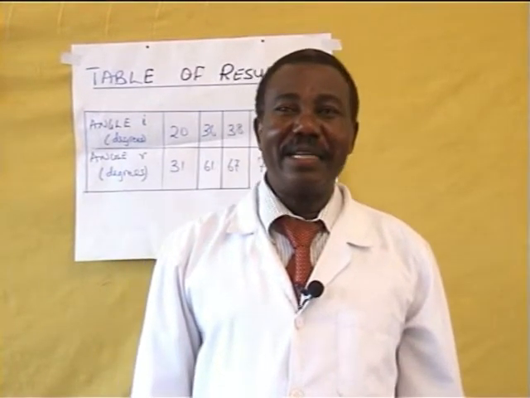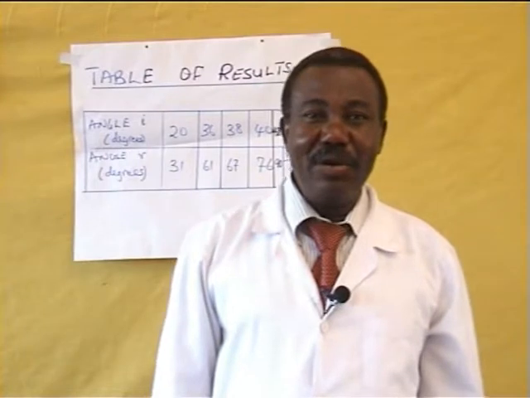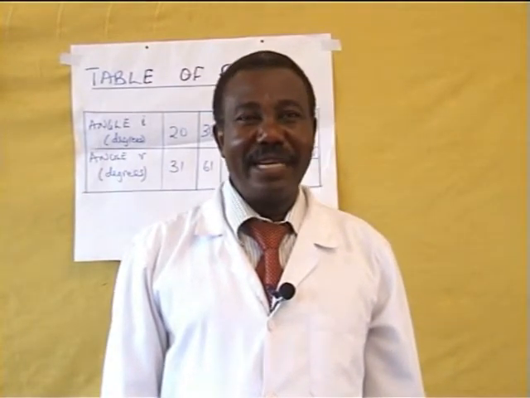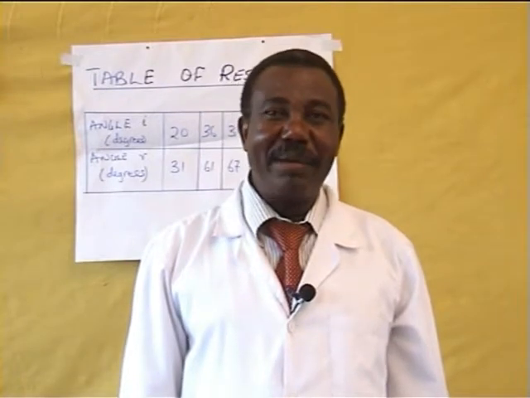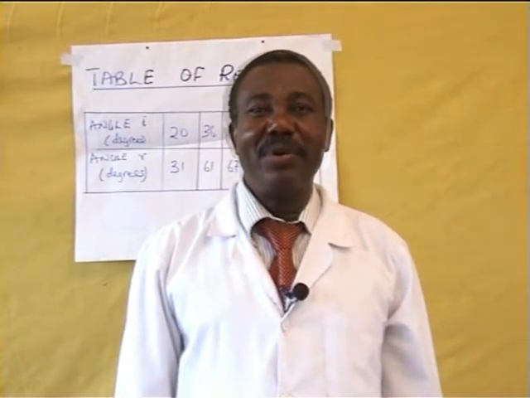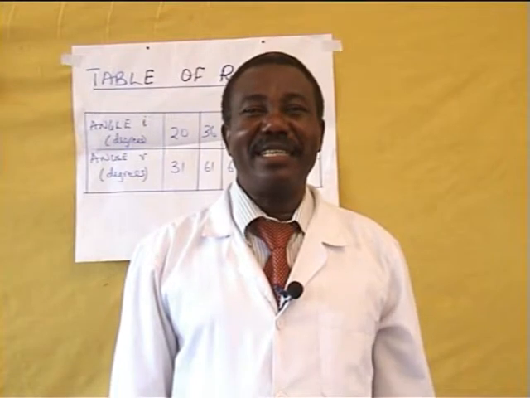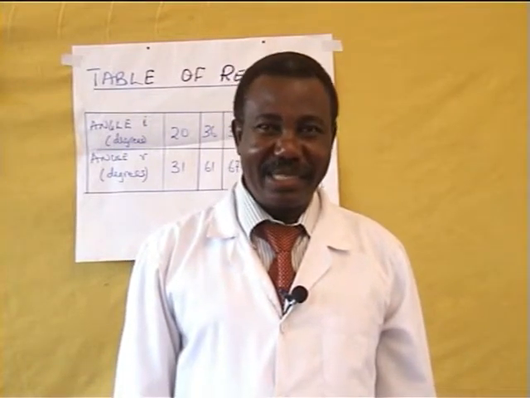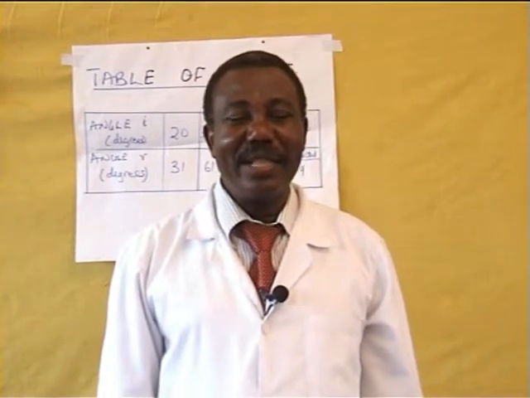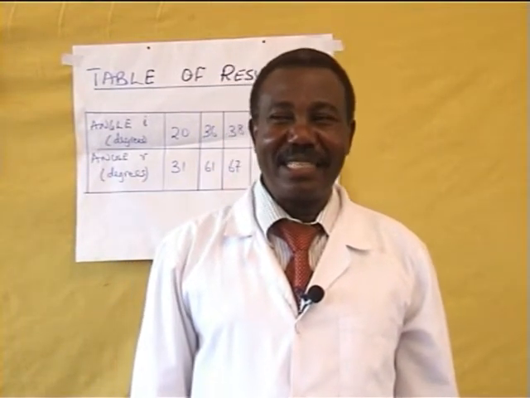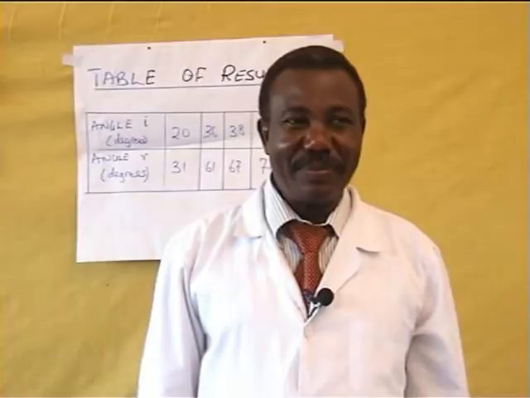Therefore, we can define critical angle as the angle of incidence for a light passing from denser medium to less dense medium, where the angle of refraction is equal to 90 degrees. And the total internal reflection occurs when the angle of incidence is greater than critical angle.